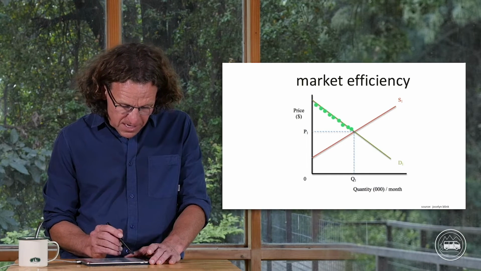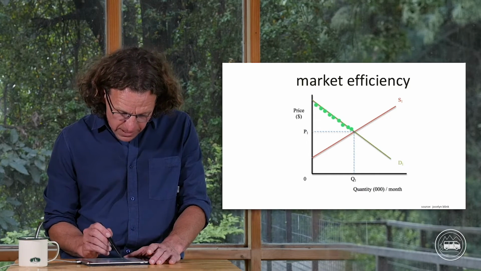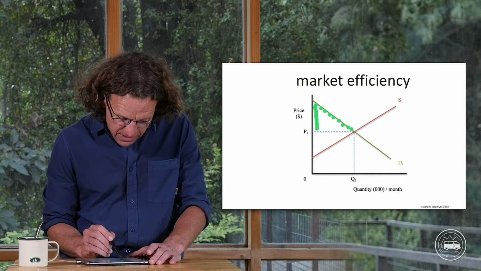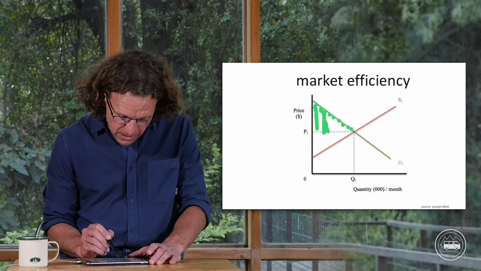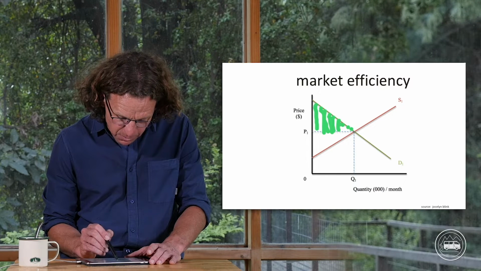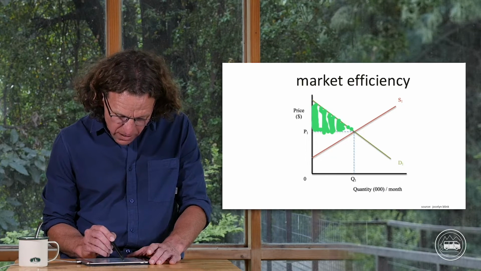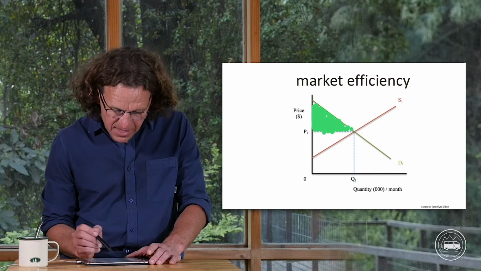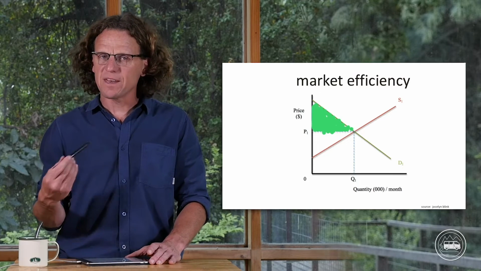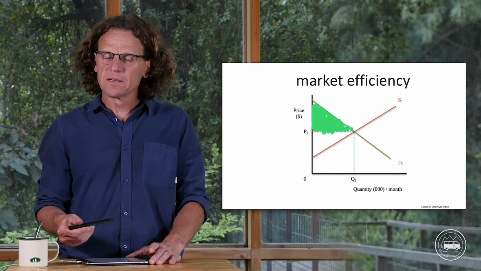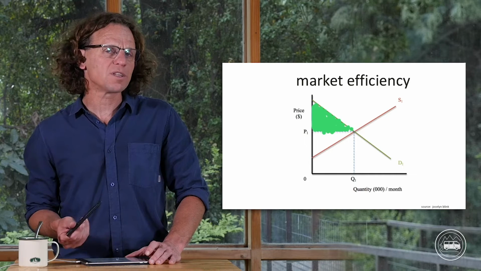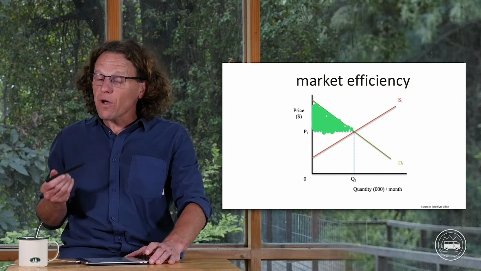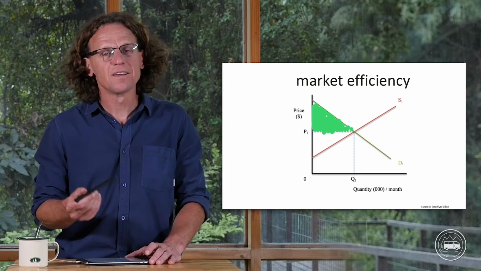So if you were to take these lines, right, and come down to $10, down to $10, down to $10, blah, blah, blah. What you would end up with is an area of a triangle that represents the extra happiness that people got because they didn't have to pay the price they were willing to pay, $20, because the market equilibrium price was actually less than that, which was 10.